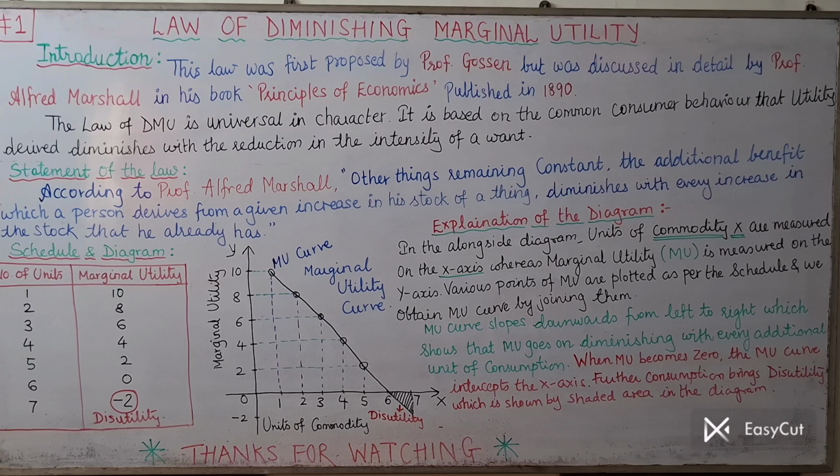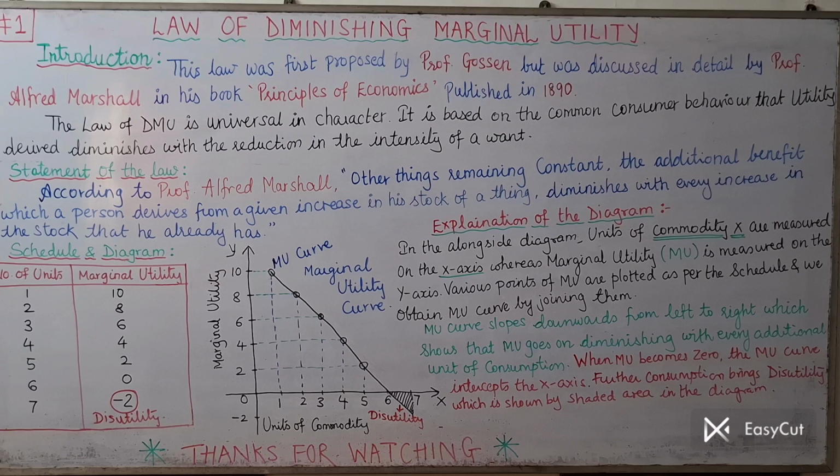See, in the initial stage our want is very intense, so we find very high utility from any commodity's consumption. But as and when we continue the consumption, the utility starts falling. That is what is proved by this law of diminishing marginal utility, that the additional utility goes on falling. So this was the intro.